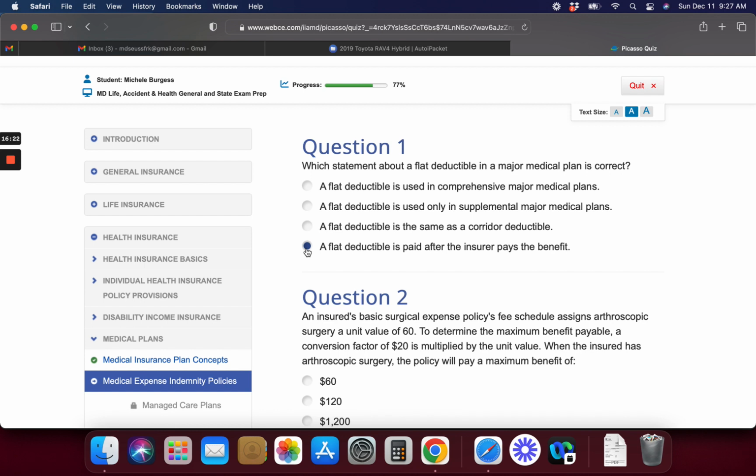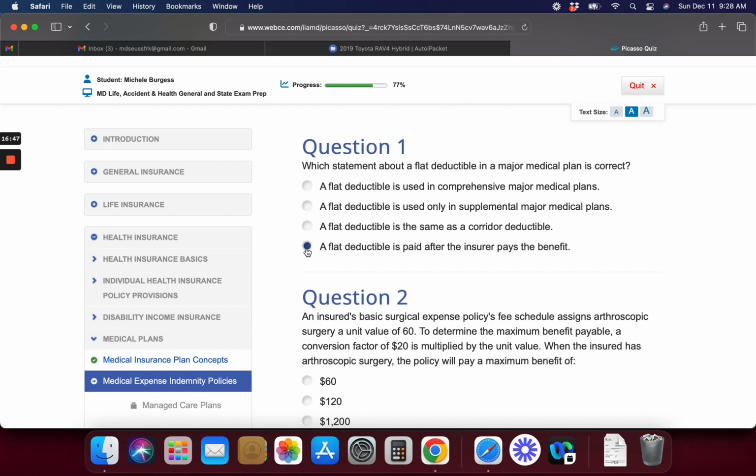All right, question 2. An insured's basic surgical expense policy fee schedule assigns arthroscopic surgery a unit value of 60. To determine the maximum benefit amount, a conversion factor of $20 is applied to the unit value.